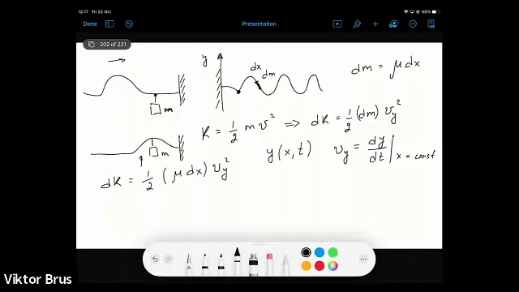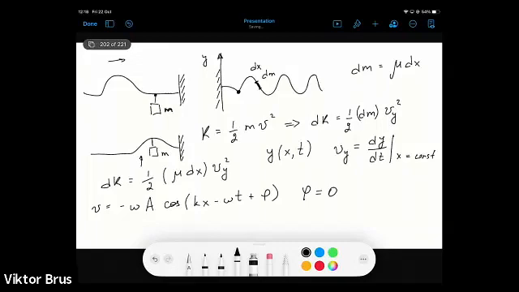We already did that and got the following result: the speed of the element of the string is equal to minus omega times amplitude A times cosine of kx minus omega t plus phi. We assume that phi, the initial phase constant, is equal to 0.